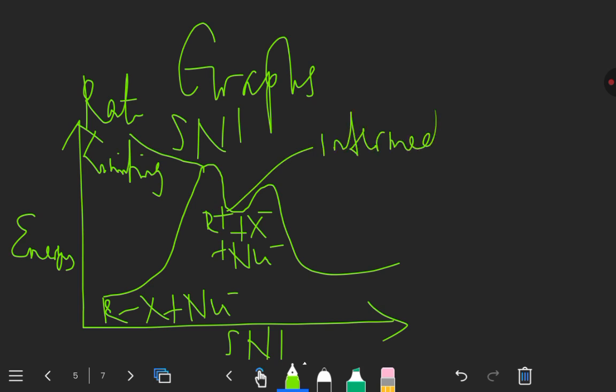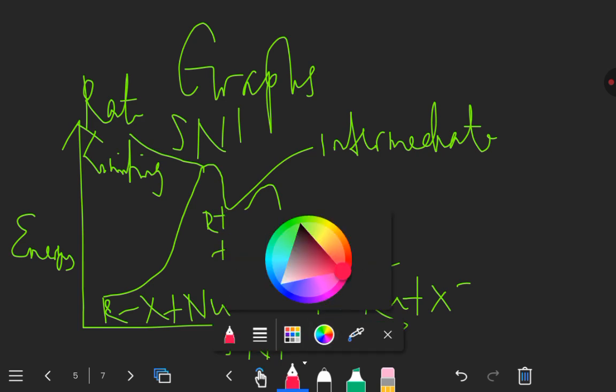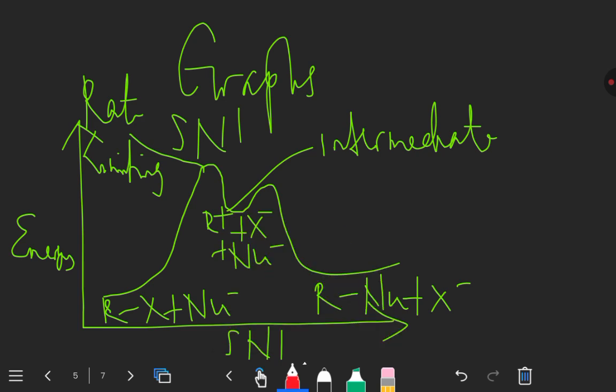That is an intermediate. Then the product which we have will be this now product. Okay, so this is the graph for SN1 reaction. So it's moved like that, then it's moved like that. So that is one thing we must know about this graph.